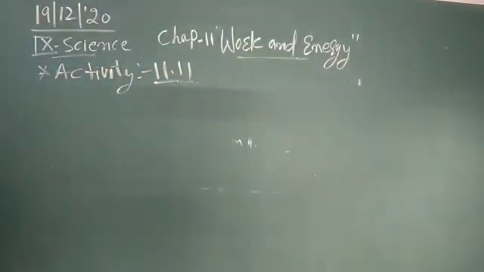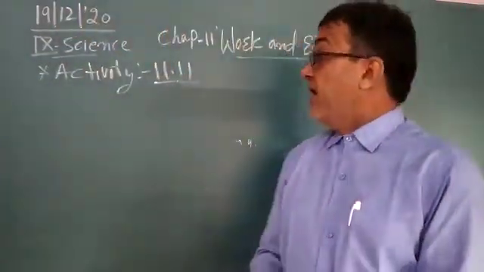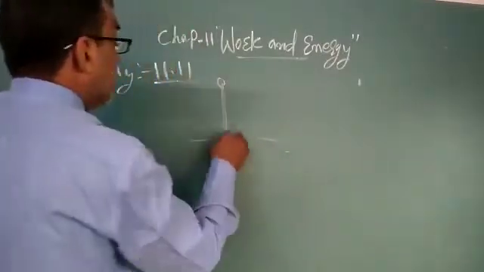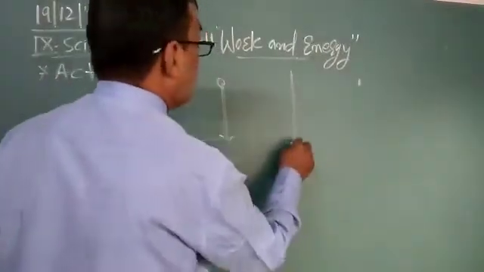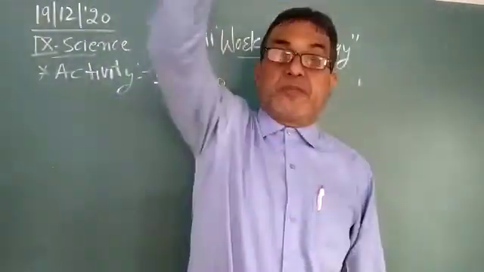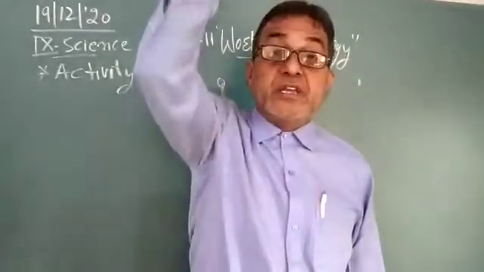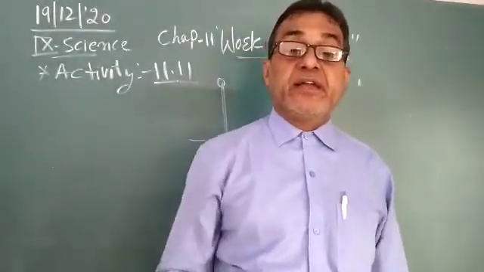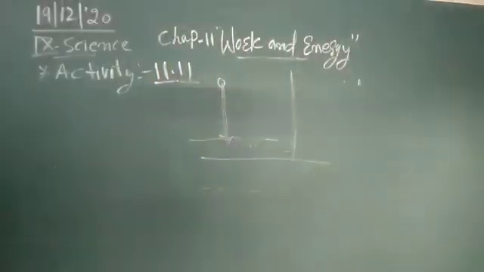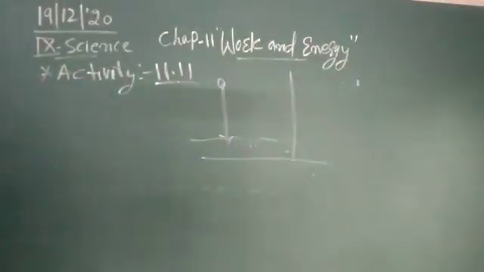Suppose you take this object and place it at a certain height, then place it at another height. When you increase the height, the potential energy will be stored, and we can say that it requires some energy.